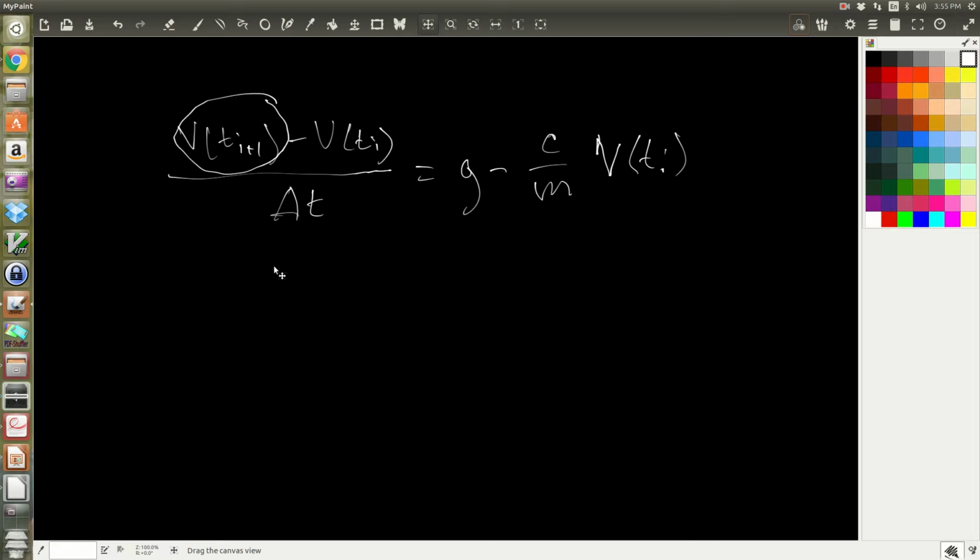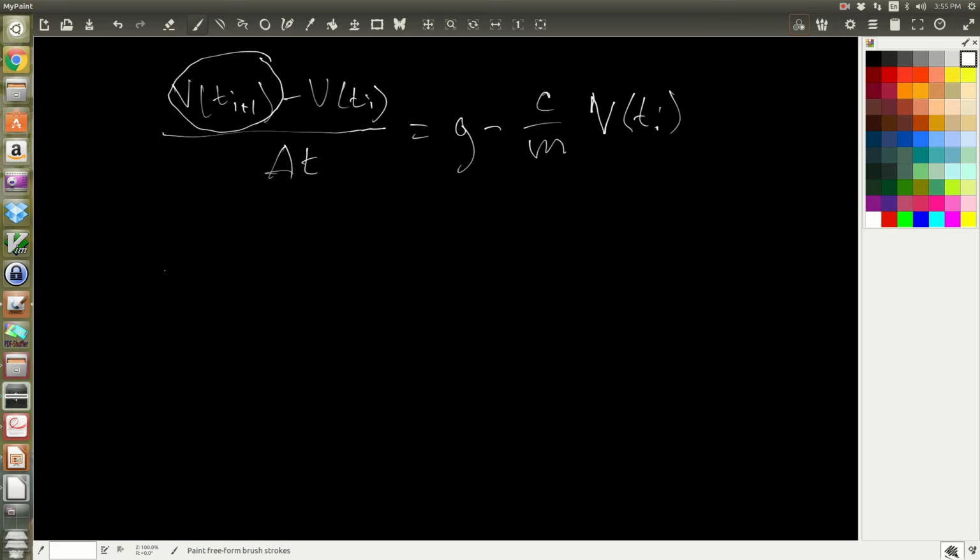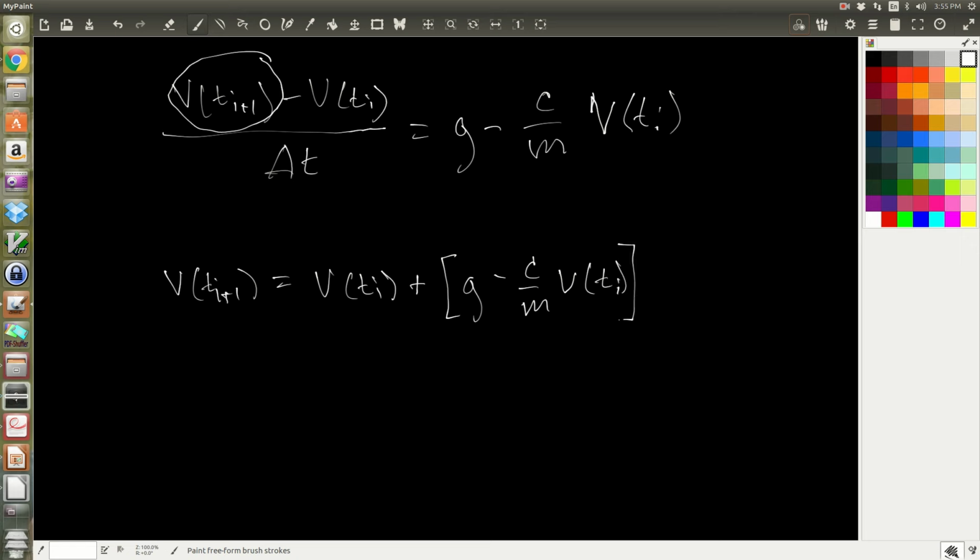When we do that, we get the following: v at t i plus 1 is equal to v at t i plus g minus c over m times v at t i, all times delta t.